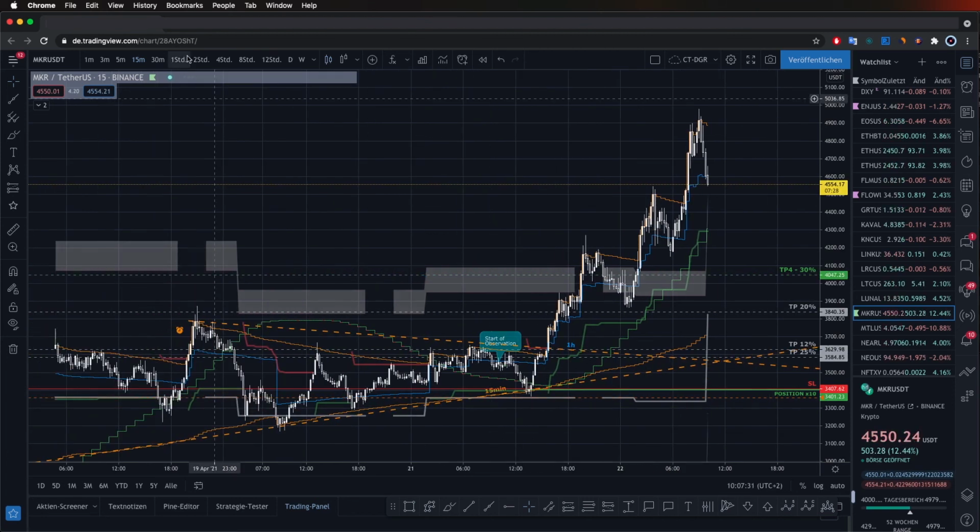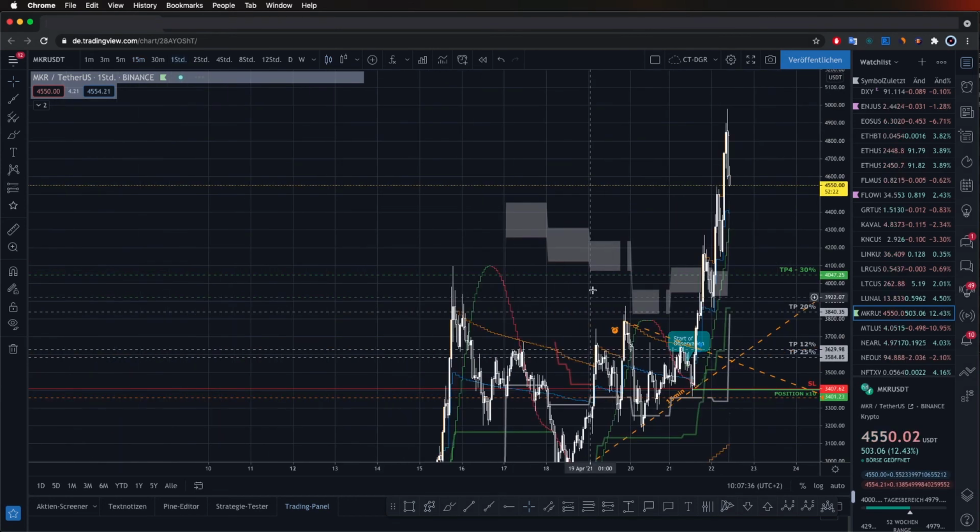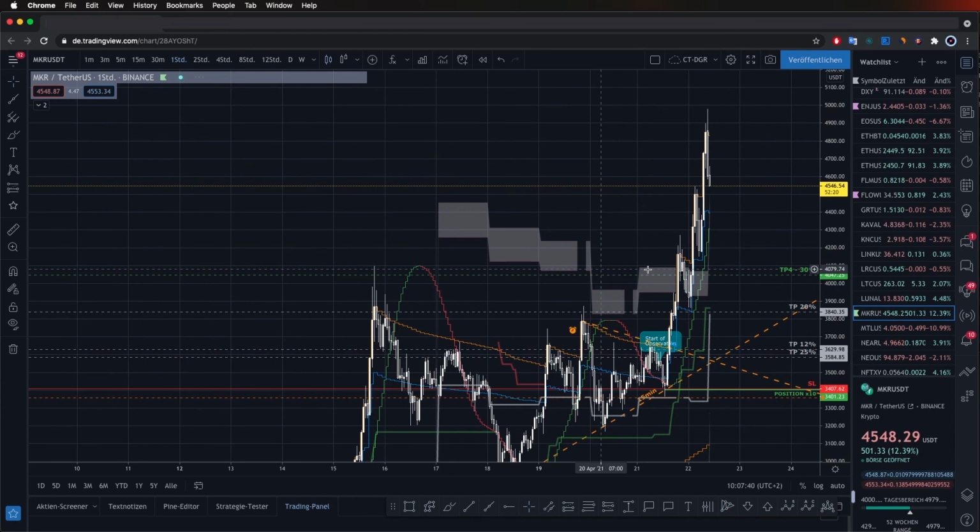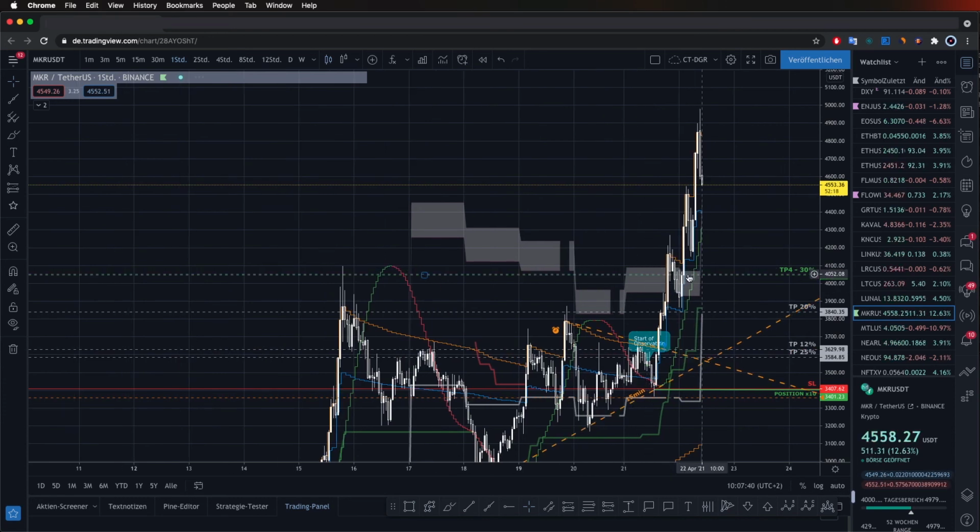Let's just switch to a higher time frame to make the visibility better. You remember last time I told you here will be our TP4. We are inside of a box. We are close to the all-time high. So we smashed it, we could say. It was really like going through butter.